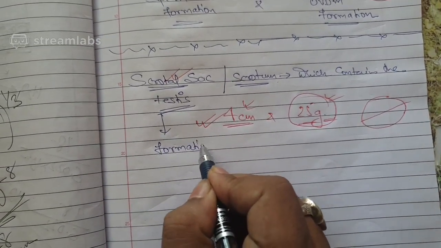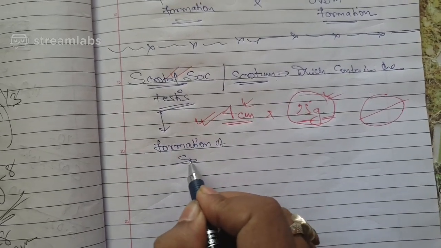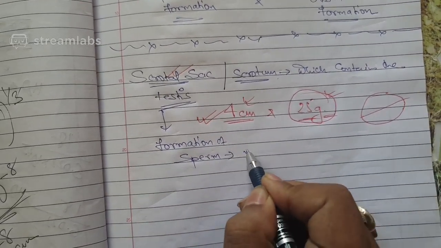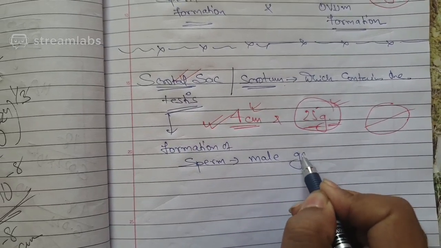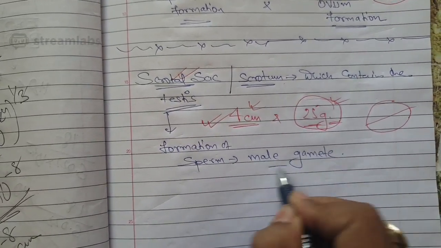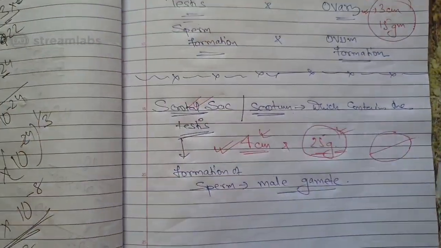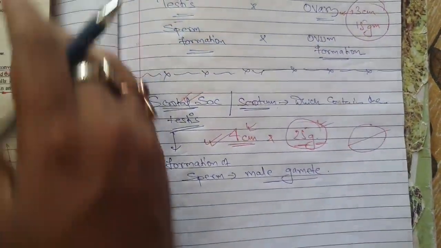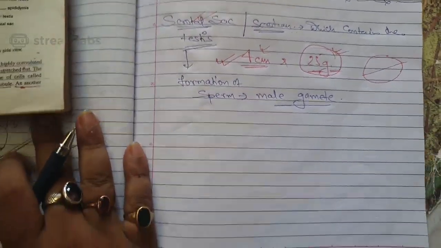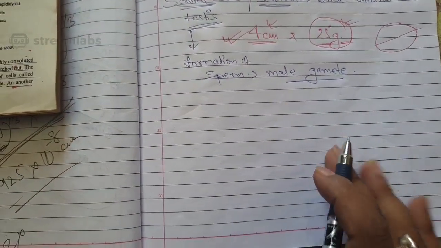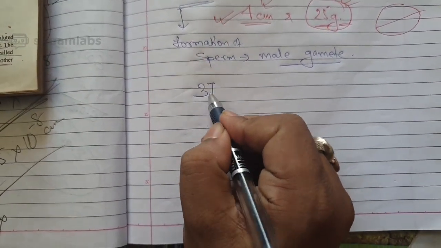Formation of sperm, which is the male gamete. You very well know. Now, as a matter of fact, sperm formation requires a temperature which is lower than 37 degrees Celsius, a few degrees lower than 37 degrees Celsius.